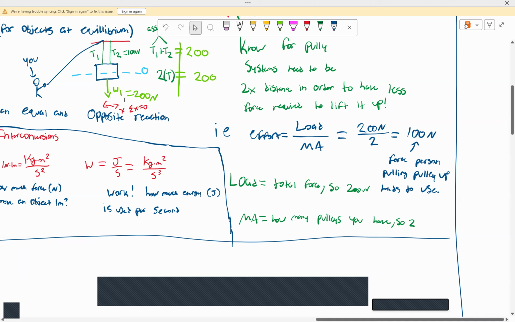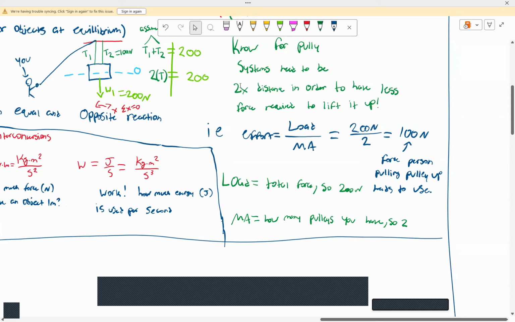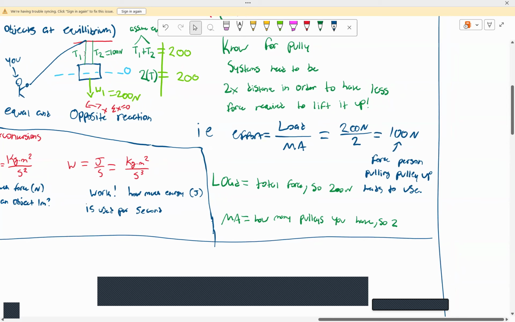So your load is that total weight, or the total energy expended in order to lift that box up, or whatever you want to do with the box. I guess the opposing force is more or less what you can call it. Whereas mechanical advantage is like the shortcuts you're using, so how many cords you're using in order to pull the opposing force up. So in this case, because you have two cords, the mechanical advantage is 2.